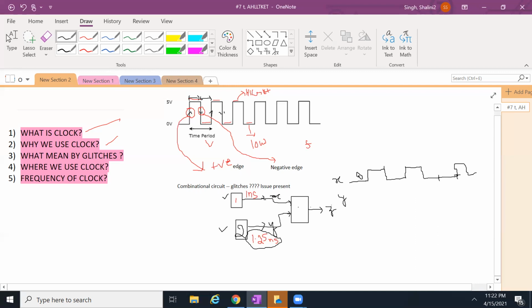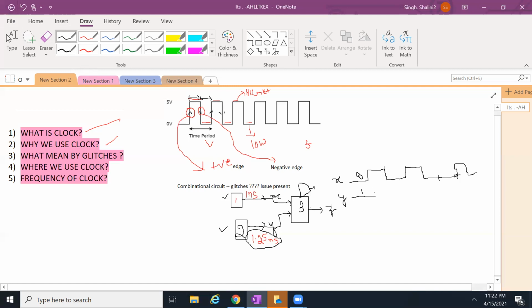Now the Y value. Suppose this hardware is an AND gate, because I will talk about the AND gate logic here. The initial value I am taking is 1, for example, so that we can understand better.